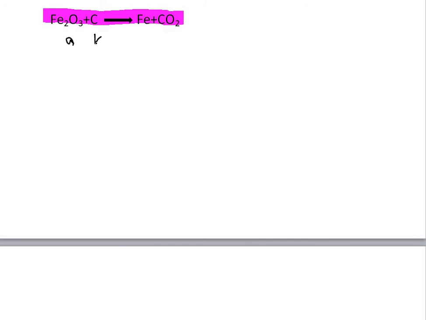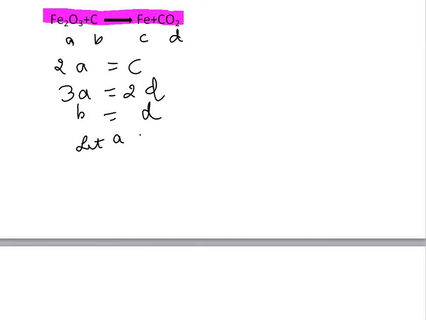Put it as A, B, C and D. So here 2A is equal to C, 3A is equal to 2D, B is equal to D. Let A is equal to 1, C is equal to 2. And then if you put A is equal to 1 here, you will get D is equal to 3 by 2. What is the B value? B value is also the same, 3 by 2.